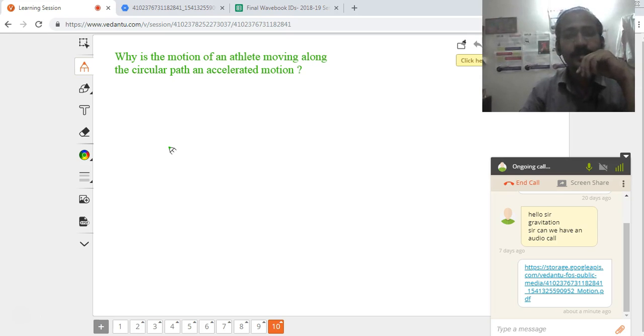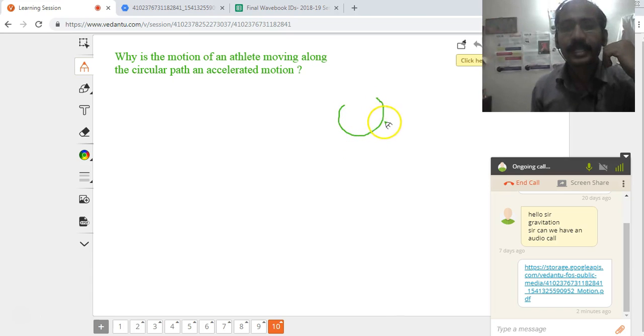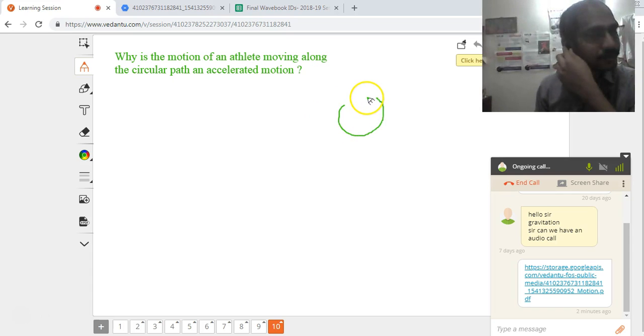I'll explain. While the athlete is running in the circular path, at each and every point the direction is changing. Obviously the velocity will change. Yes, this is the cause of the accelerated motion. So can you repeat and write it down?